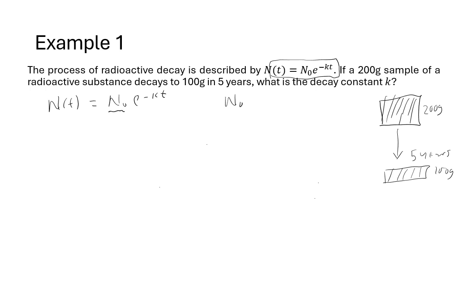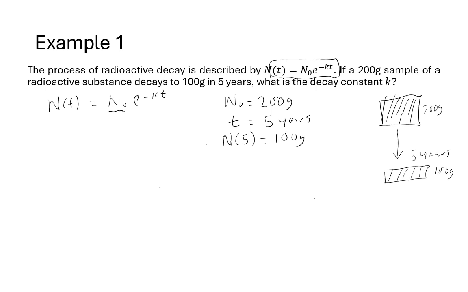So N naught is 200 gram. And the sample decays to 100 gram in 5 years, so our time is 5 years. And after 5 years, N of 5 is 100 gram.